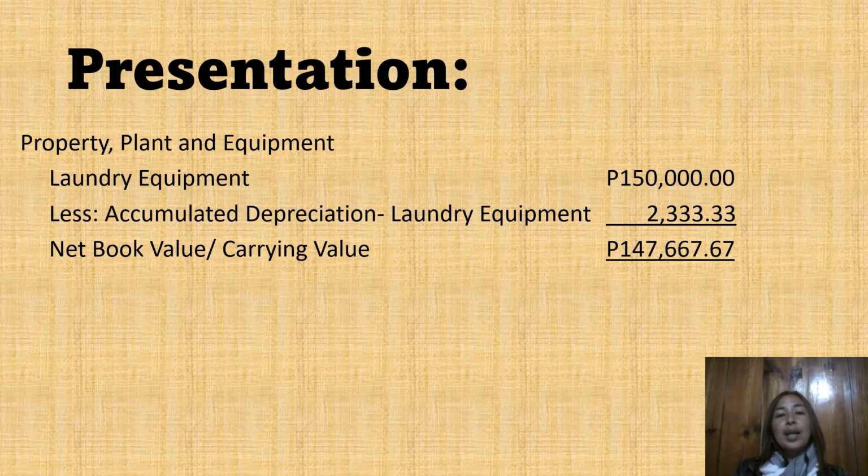So, wala ka nang i-recognize na depreciation that time kapag na-reach na niya yung life niya, mag-remain na lang na ganun na lang lagi. So, ang i-carry lang niya is yung net book value niya. And we stop recording depreciation expense and accumulated depreciation the moment that the equipment reached its estimated life. So, that's it.